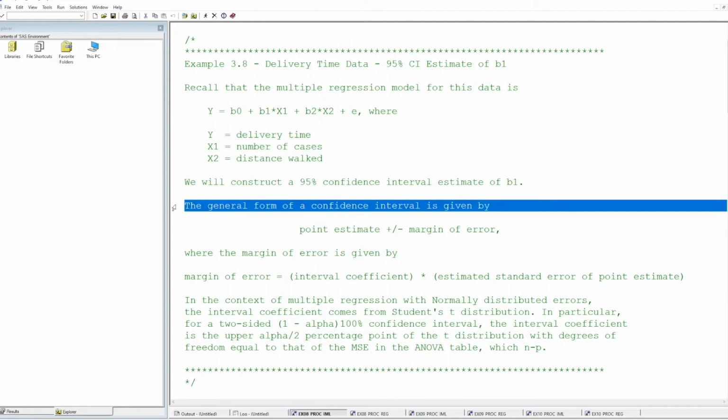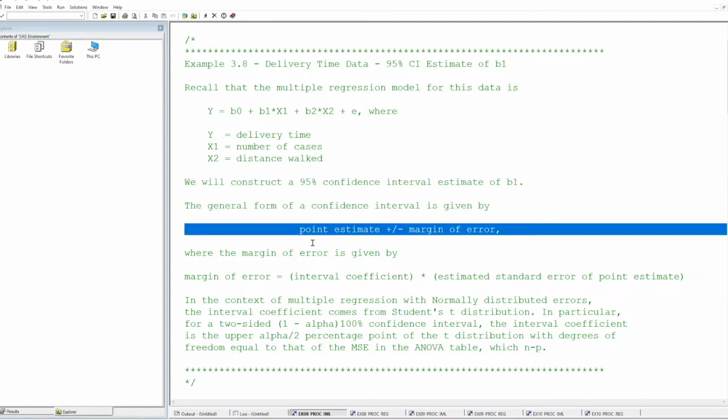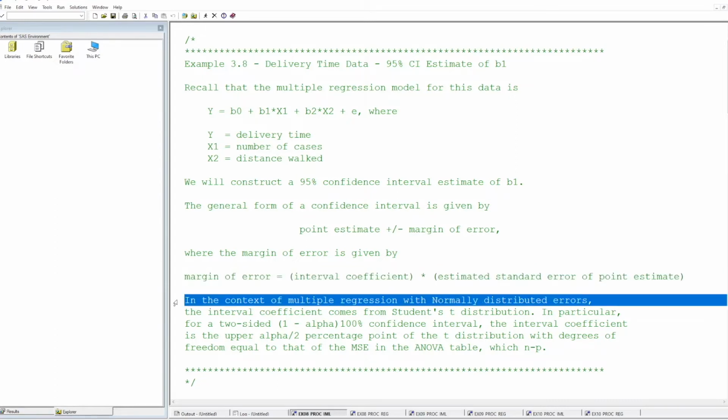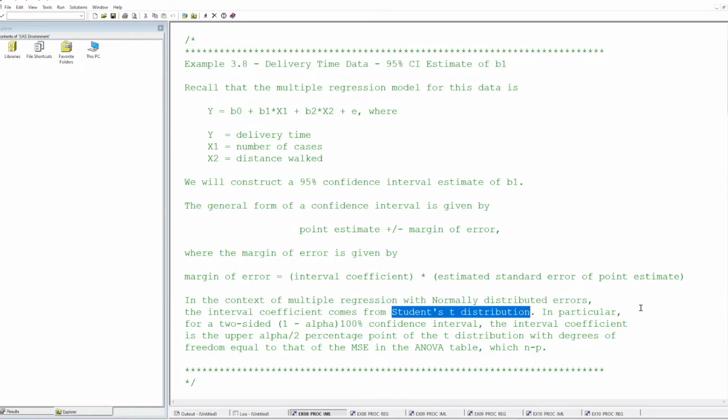Now, again, the general form of a confidence interval is given here. We start off with a point estimator, and then we go a distance to the left and to the right equal to the margin of error, where the margin of error is an interval coefficient times the estimated standard error of the point estimate. In the context of multiple regression with normally distributed errors, the interval coefficient comes from Student's t-distribution.